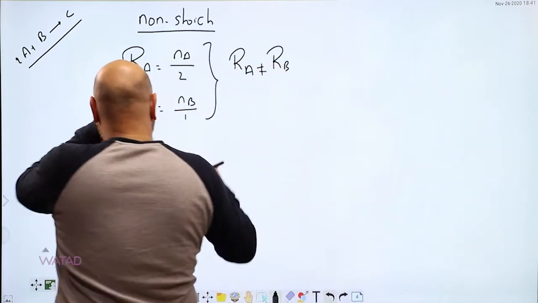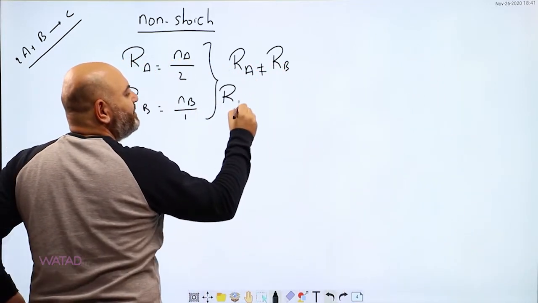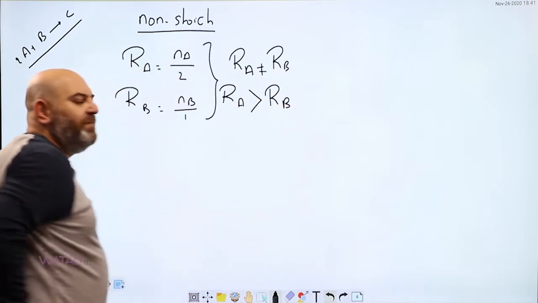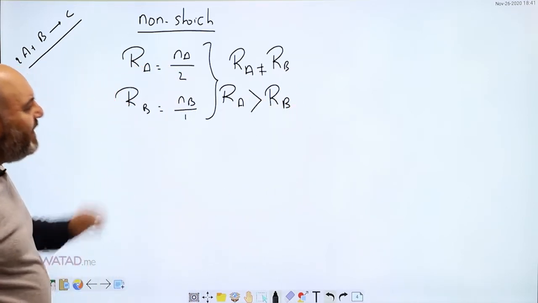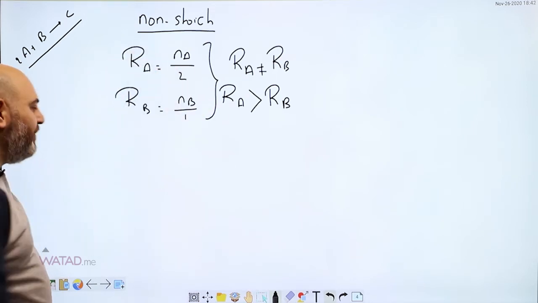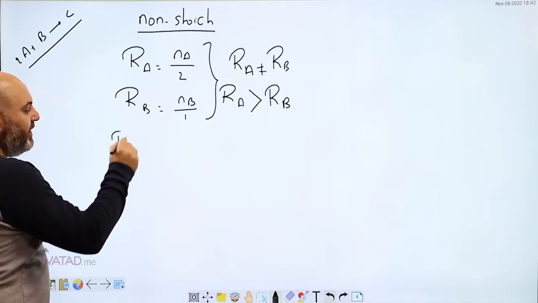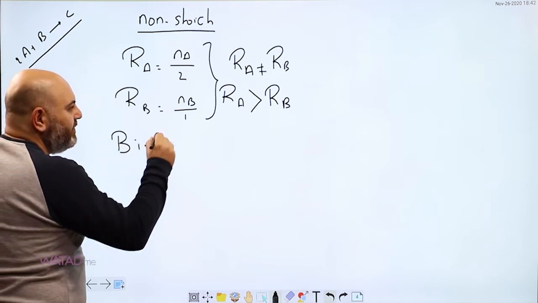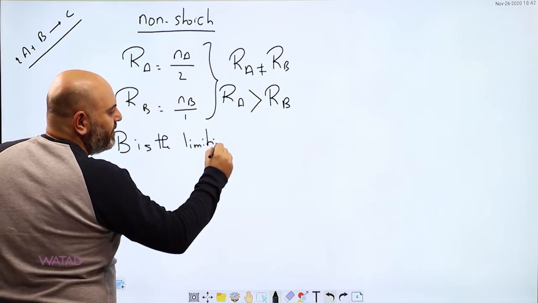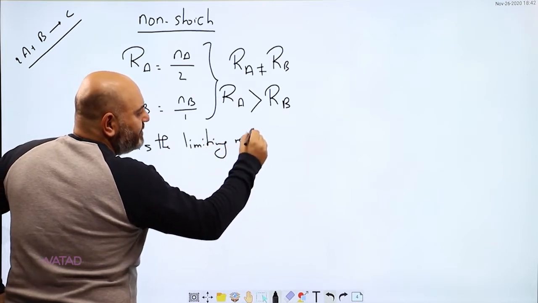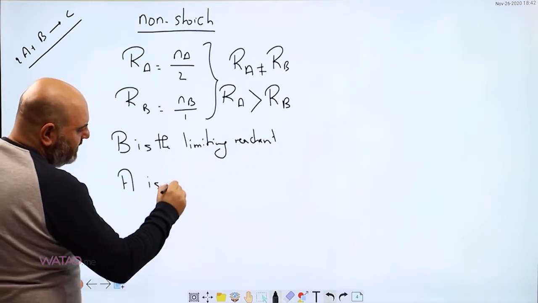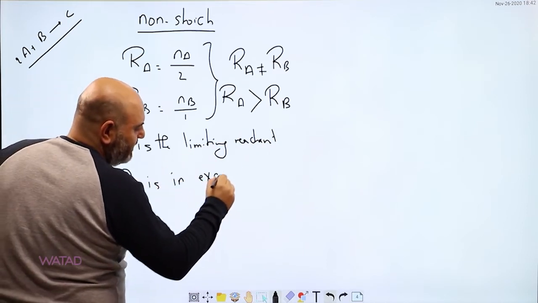Let me assume in this case that the ratio of A is greater than the ratio of B. What is the physical meaning that the ratio of A is greater than the ratio of B? It means that B is the limiting reactant and A is in excess.